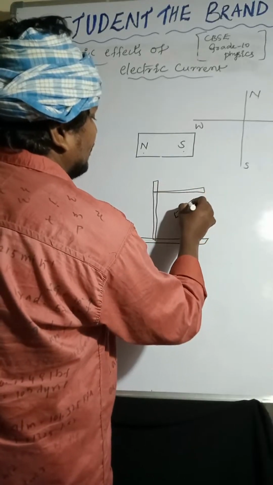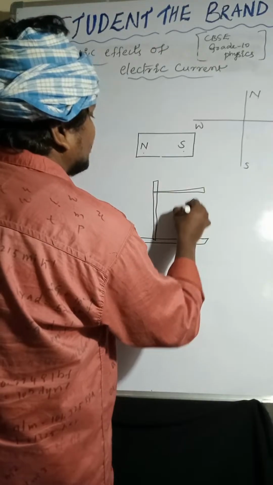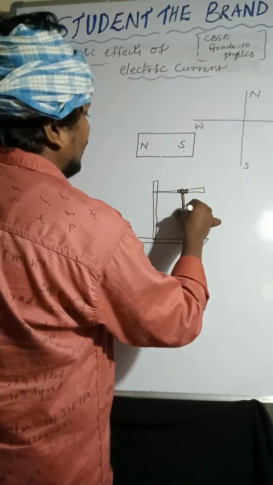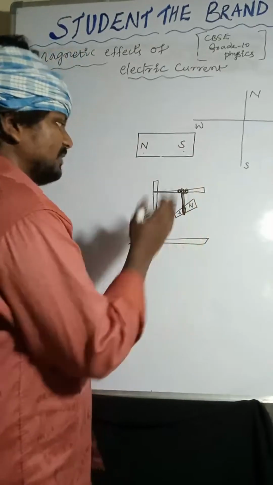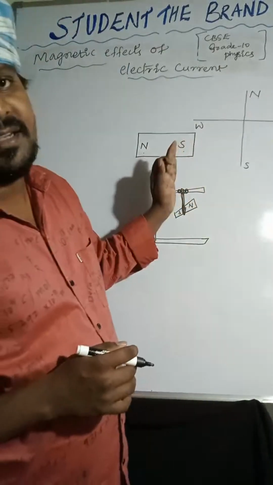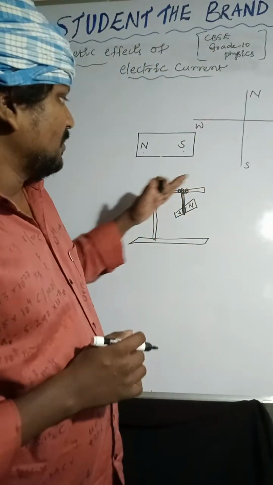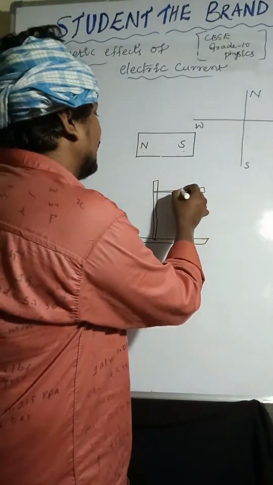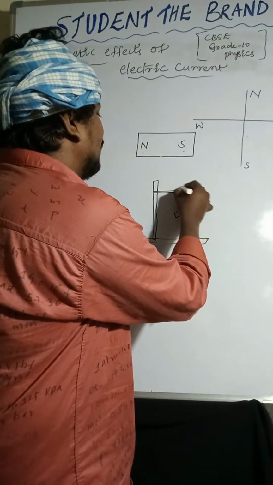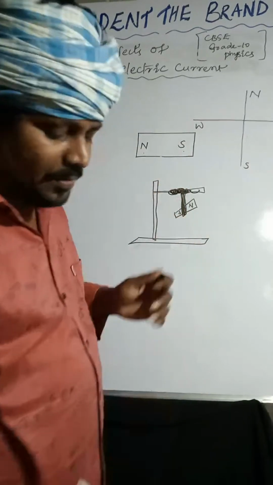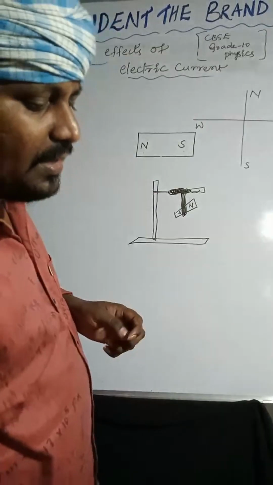If you suspend the magnet, it always shows the north and south direction. It is not exactly at a vertical position, somewhat tilted. So if you are suspending the magnet, it will be somewhat tilted, right? So observe, yes or no, that is about the magnetic field, right?